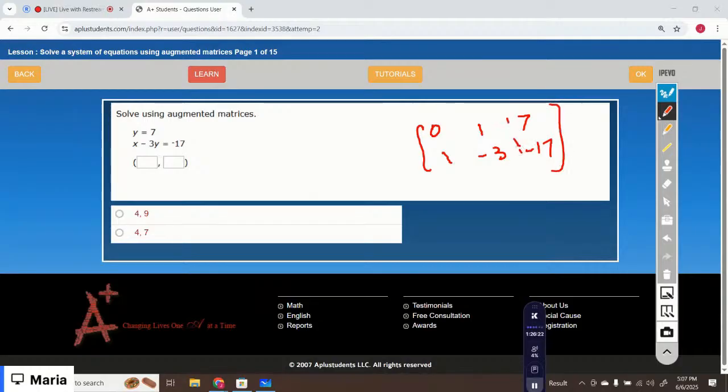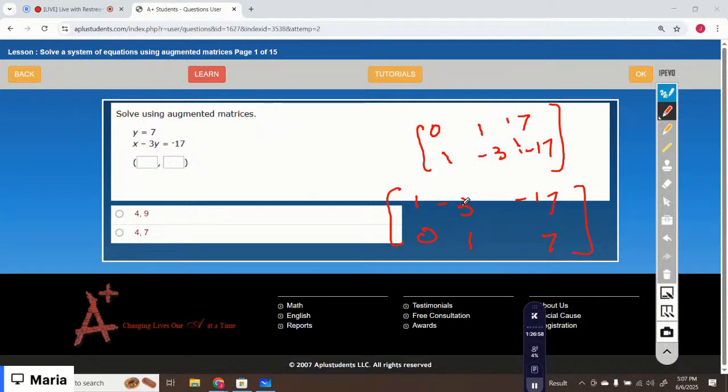So we need to convert it into 1, 0 and 0, 1. So just swap the rows R1 and R2. So this would be 1, -3, 9, then 0, 1, and 7.